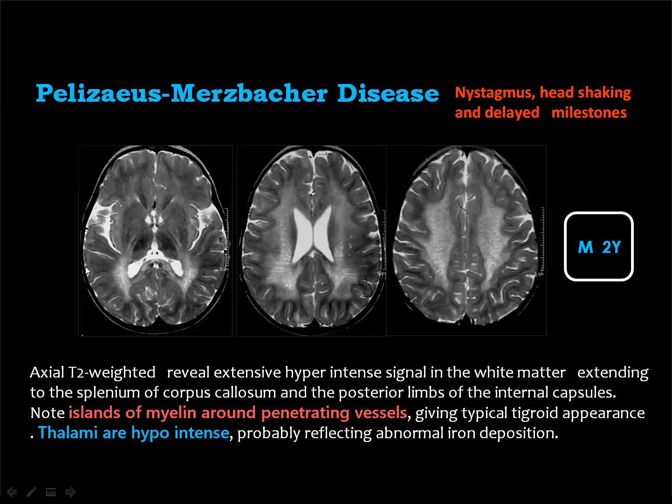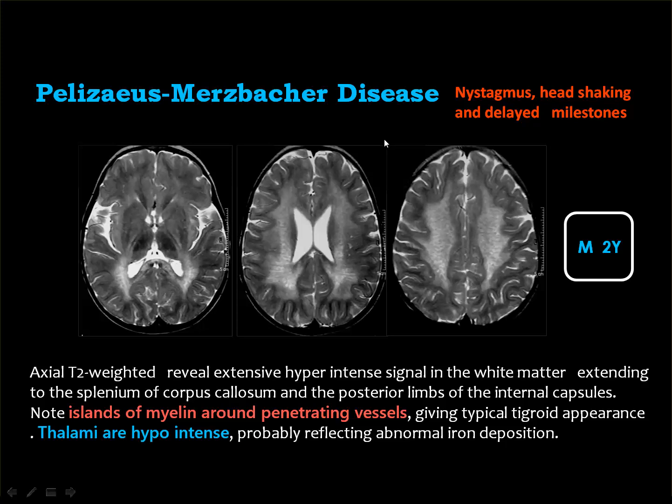Then it's an easy diagnosis to say that this is a metachromatic leukodystrophy, especially if you identify the tigroid pattern in the white matter. But this disease has been proved to be a Blasius-Merzbacher disease.